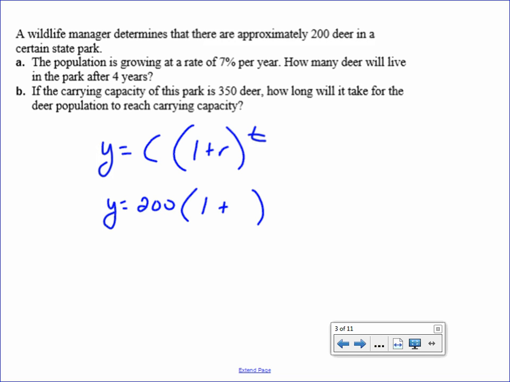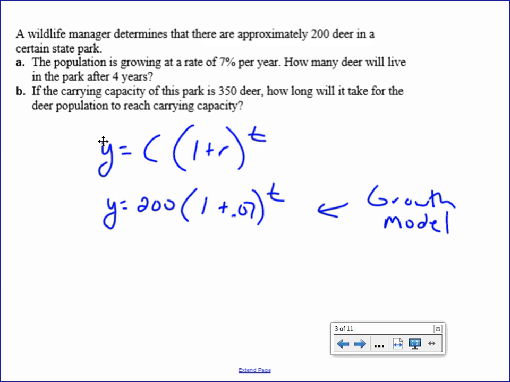If we look closely again, we can see that the growth rate is 7%, so we'd have 0.07 because that's 7% as a decimal. This right here would be our growth model. It doesn't ask this question, but I just wanted to point that out to you.